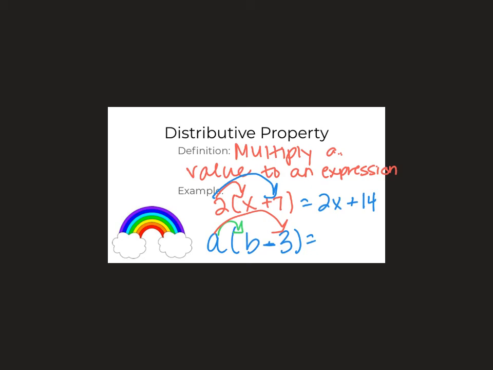We have to hit everything on the inside no matter how many there are. So here we have AB minus 3A. And normally we put the variable on the back there instead of saying A3. We usually put it at the back, so it would be 3A. This is the distributive property. We'll use this one a lot. This is a very important property.